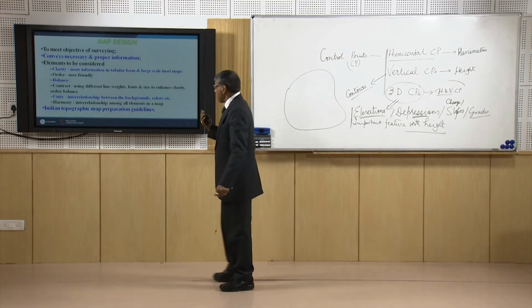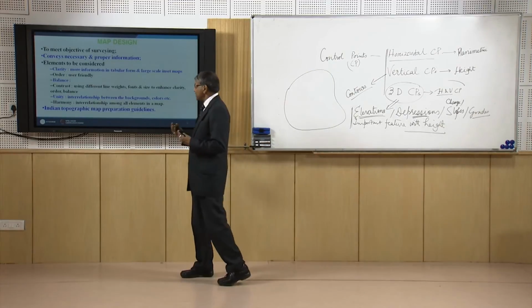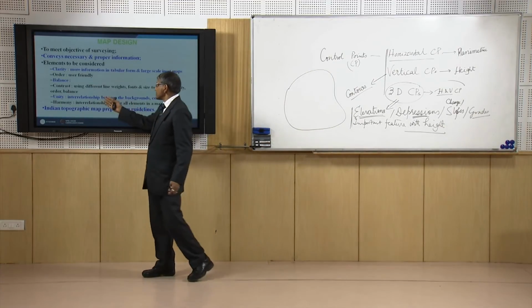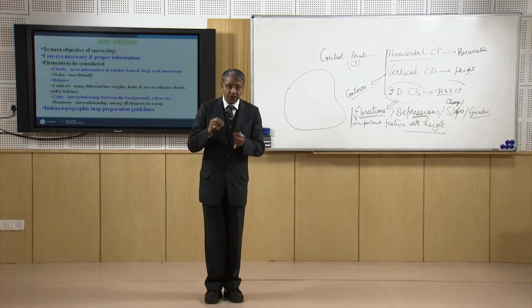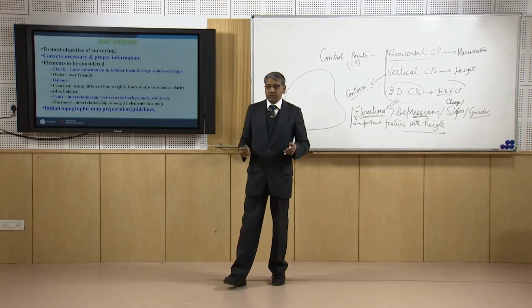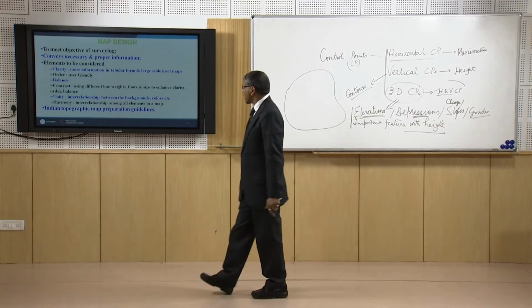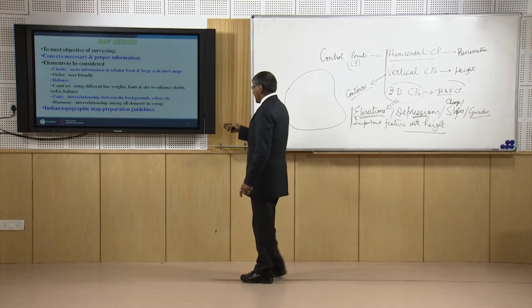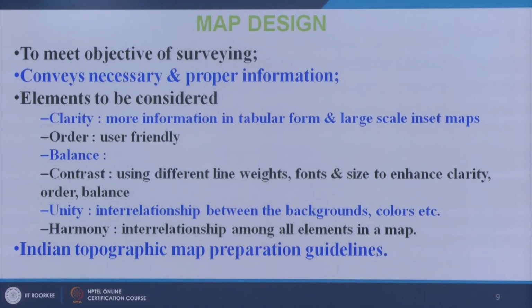Then we must use some contrasting information, like different line weights. For example, in the case of contours, every fifth contour we make a bit more prominent. That increases the clarity in contour reading. Similarly, we can change the size or the nature of the fonts, and all these we do to enhance clarity, order and balance.